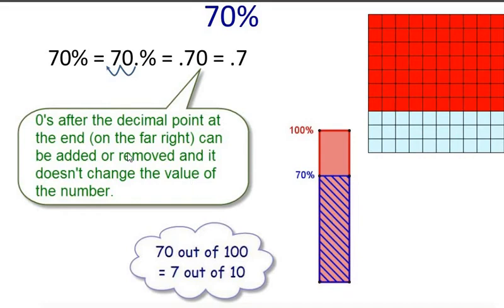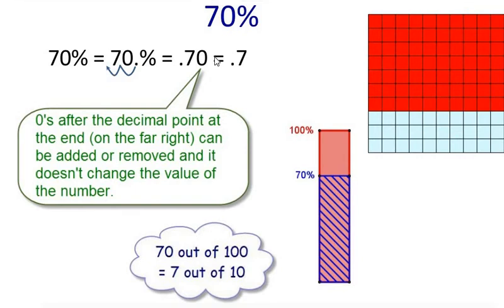You can see, Miss, that the zeros after the decimal point, this is so important. I told you that. The zero at the far right end, after 7, not between 7 and the decimal point, no, after 7, has no value.